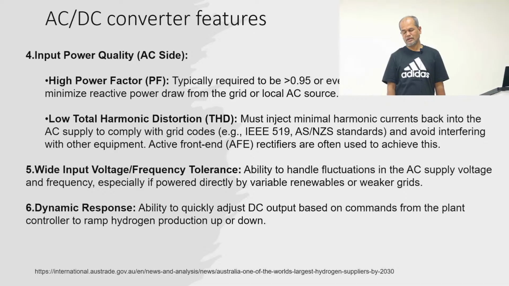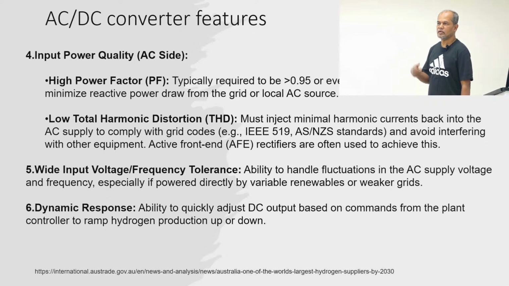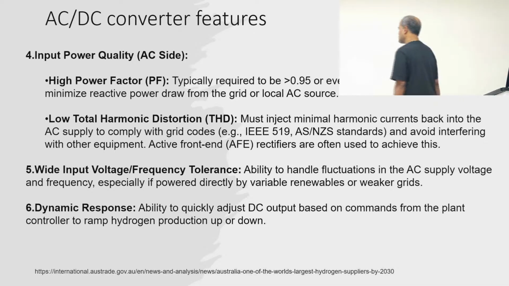That's the reason it's still one of the most utilized controllers in industry. But having said that, some industries also utilize advanced MPC, model predictive control, and adaptive control as well.